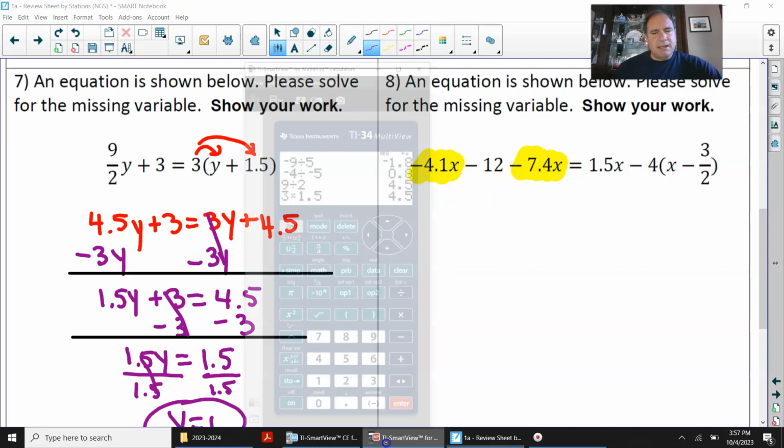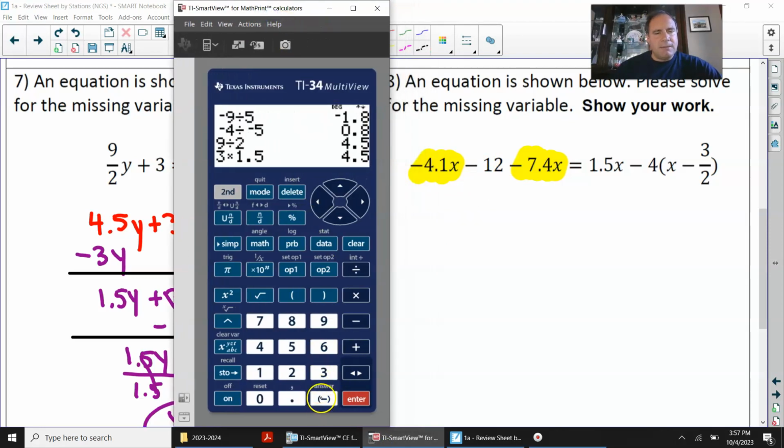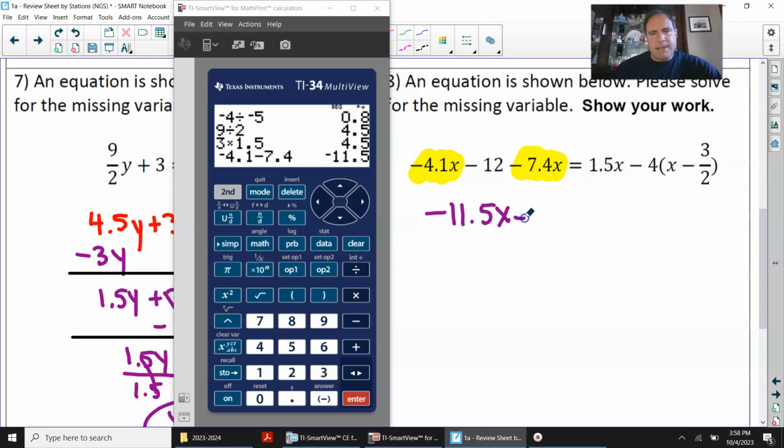So I'm going to take this calculator and put negative 4.1 minus 7.4. That is negative 11.5x minus 12 equals 1.5x.